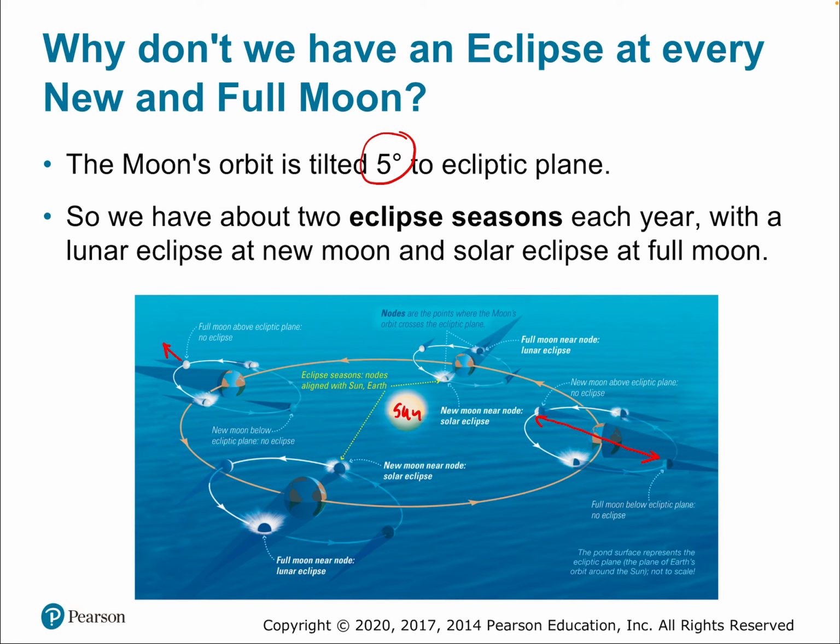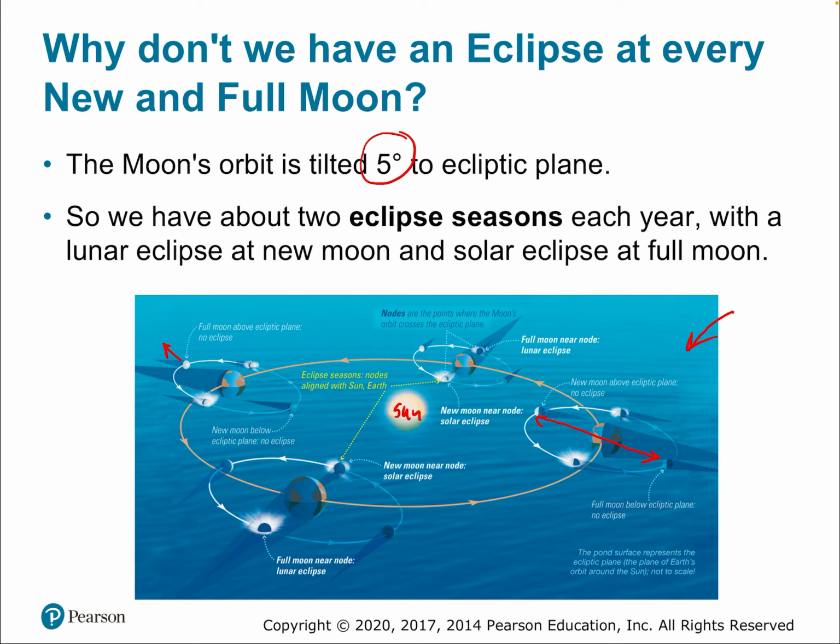Okay, now, in this picture, you might have noticed that for some reason, space is represented by the surface of water. Well, that's actually just an analogy, just to show the right points when we can get a solar eclipse. Because solar eclipses can only occur when we have that tilt lining up with the direction to the sun.